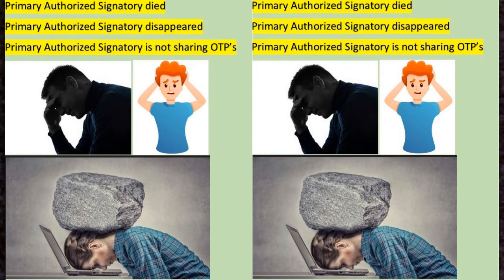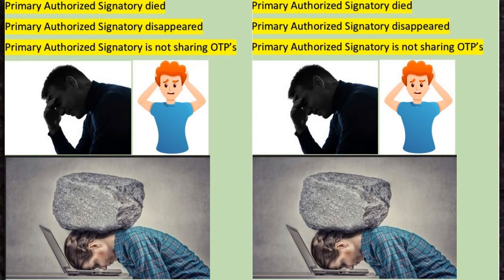Whenever they file the return or any application, they are required to get the OTPs from the taxpayer. So these people suggest that taxpayers modify the details of the authorized signatory to theirs. So they update their own mobile number and email ID. And whenever they file the returns, they use the OTP which is generated on their number. In this scenario, they file the returns continuously without the help of the taxpayer.